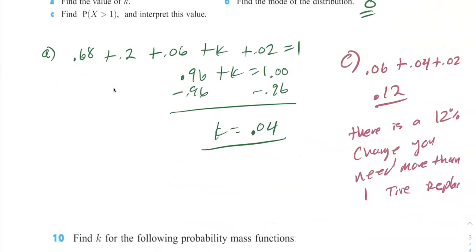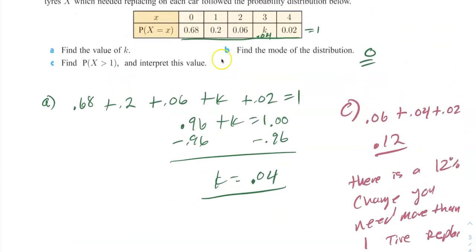Sorry. So that's what that means. So there's a 12% chance that you're going to need more than 1 tire replaced, right? X is the number of tires you need to replace. 0 and 1, 2, 3, 4. Since greater than 1, that just means 2, 3, 4.